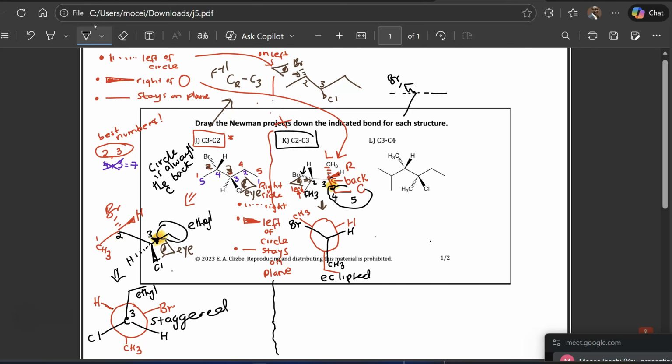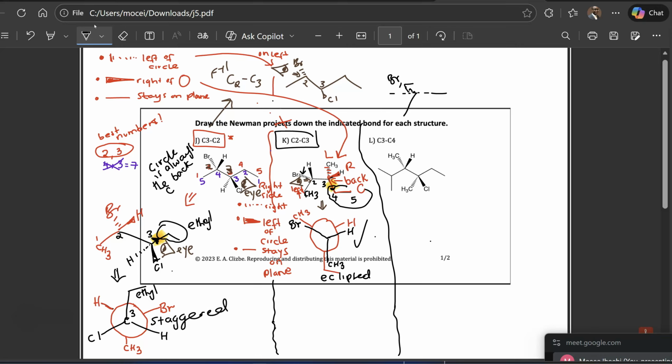Staggered drawing is more stable. Yeah, because the bonds are spaced out. The bonds are spaced out and they are not crowded. They are not sterically hindered. And this should be the answer for that. Can I ask why the staggered is more stable?